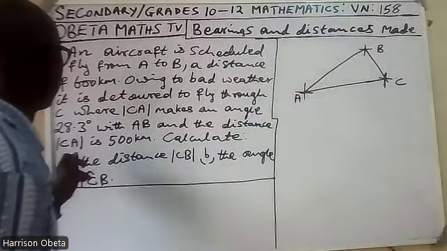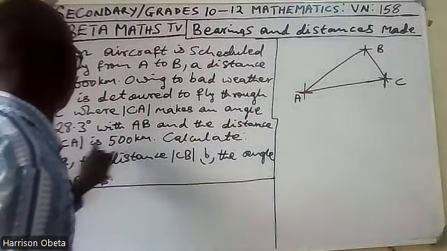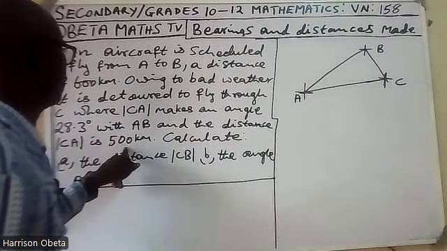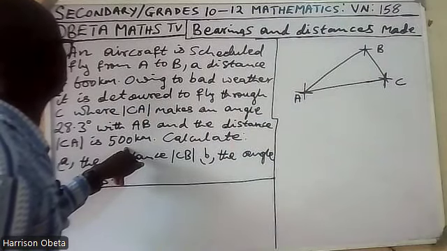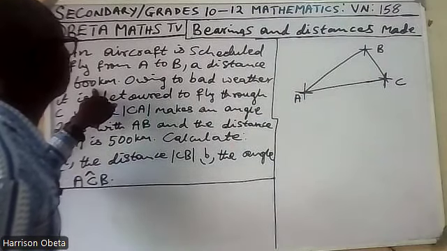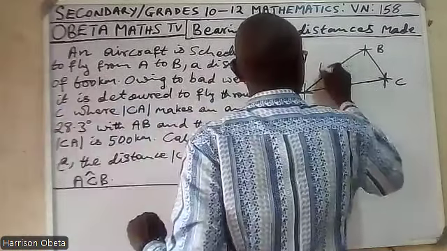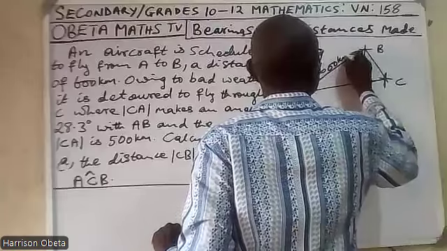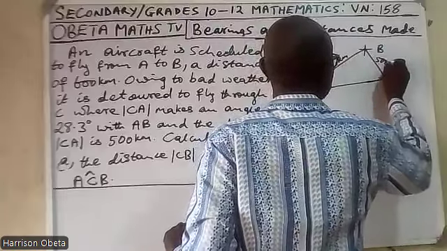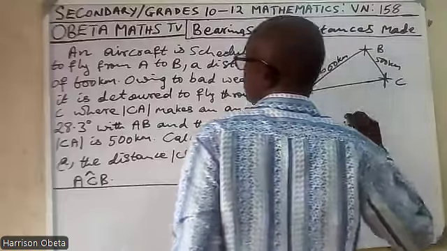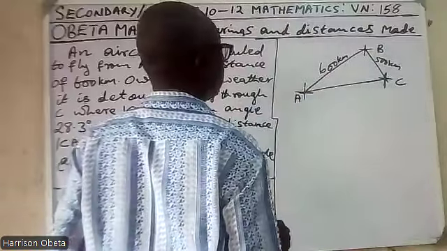Now we have CA is 500, while A to B is 600. So 600 kilometers, this is 500 kilometers. Okay.